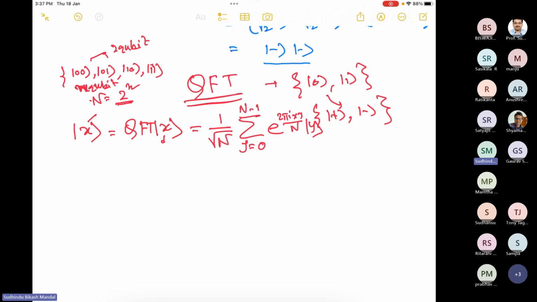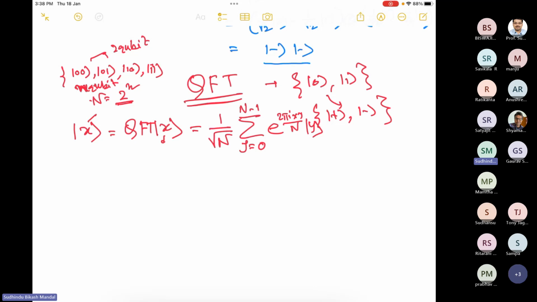So if we want to implement this expression, we need to design our quantum circuit. But viewing this expression, it is very difficult to digest or cook it into a quantum circuit. So we need to rewrite this expression so that we can get some intuition on how to design a quantum circuit.